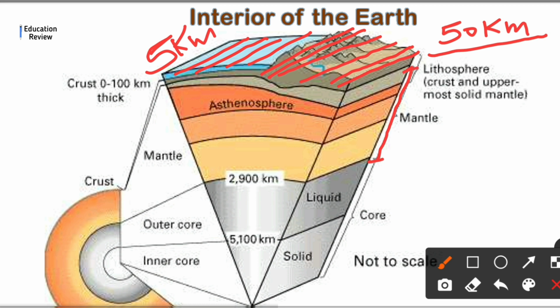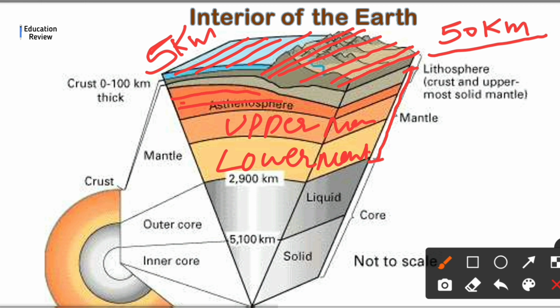Mantle is also divided into two parts, upper mantle and lower mantle. There is some portion of upper mantle which is in the form of a jelly-like substance.